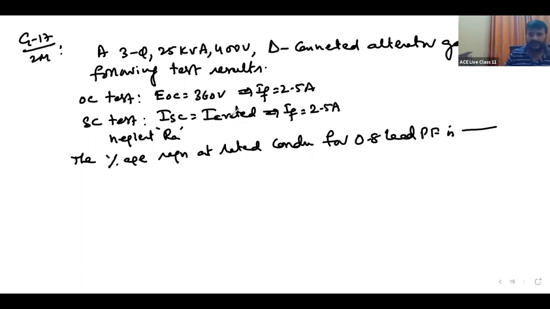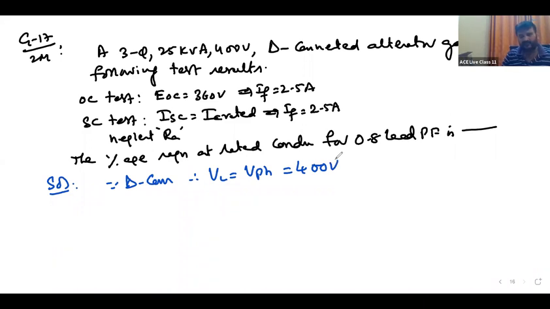IS is equal to IA rated. Then you calculate here. Since it is a delta connection, the line voltage is equal to the phase voltage, which is 400 volts. The data given is always line voltage; line and phase are both the same.